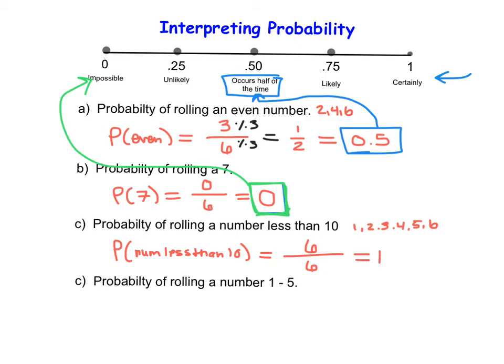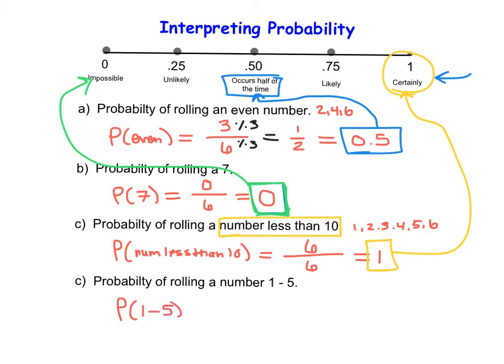And what this is telling me, if I interpret my probability, is that this event is certain to occur. I am certain to roll a number that is less than 10 because all of the numbers on the dice are less than 10.